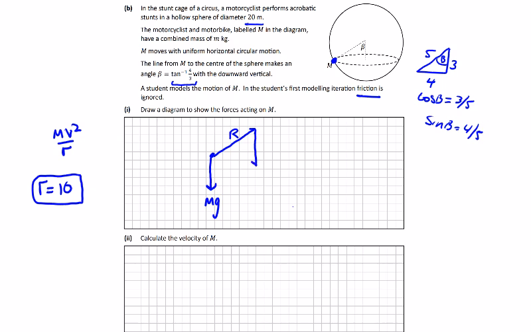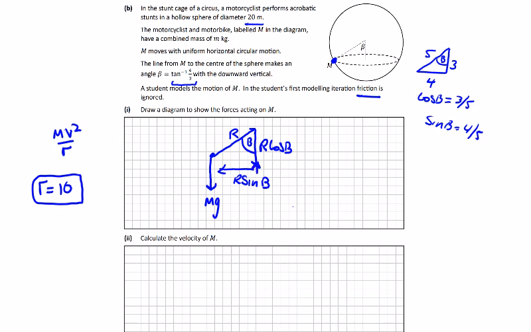We have our angle β in here, so we have R cos β on this side and R sin β opposite the angle. So these are the forces involved. We're asked then to find the velocity of M. So forces up and forces down. I have R cos β in the wrong direction. It should be this way.